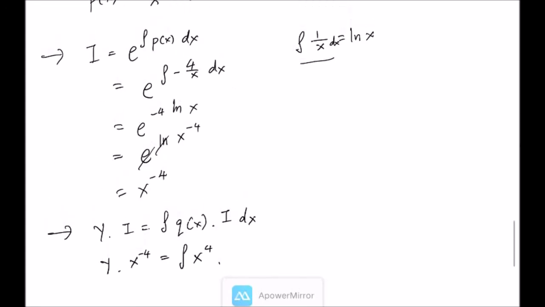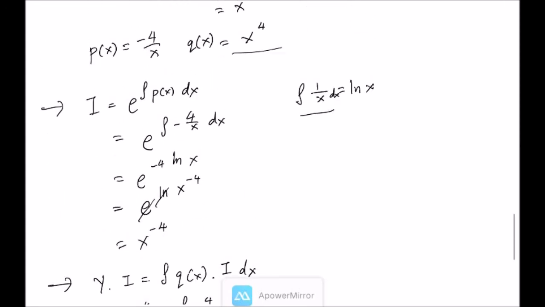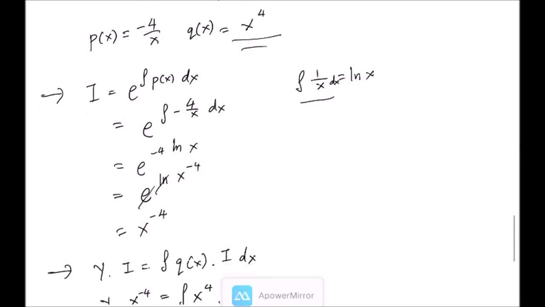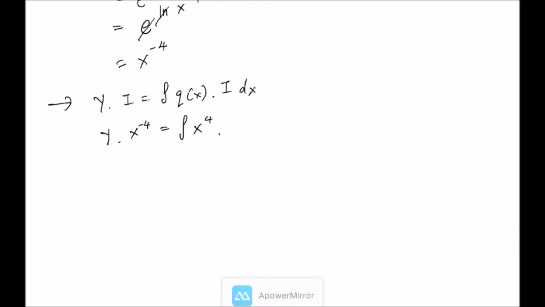Q(x) is x to the power of 4, and I is x to the power of negative 4. So this can cancel out, you get just 1. Integrate 1 with respect to x, you get x plus c.